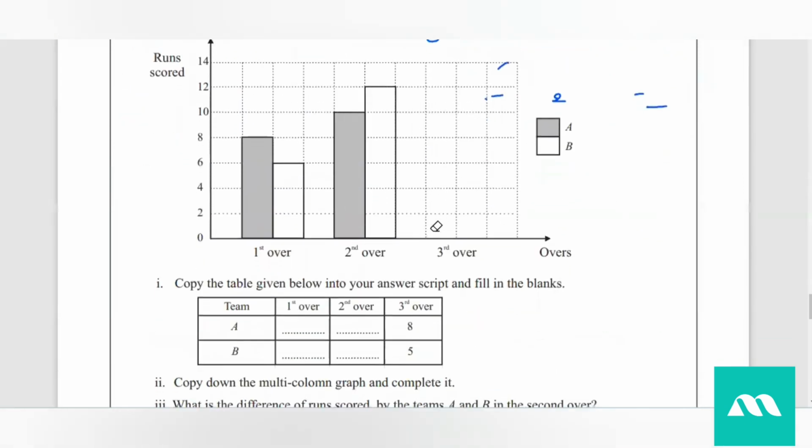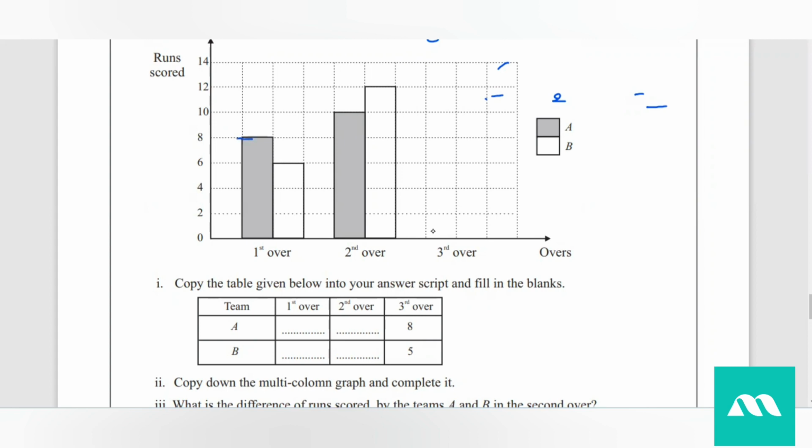Copy the table given below into your answer script and fill in the blanks. Runs scored, overs. Then team A, first over. In the first over, team A got 8 marks, no?